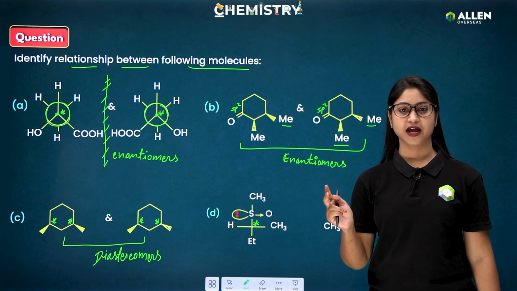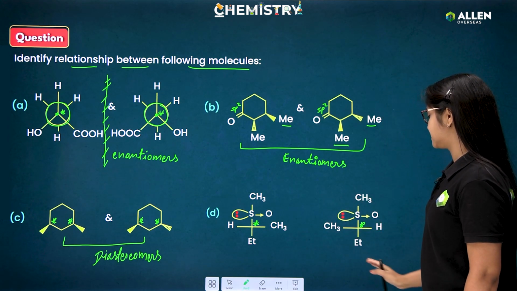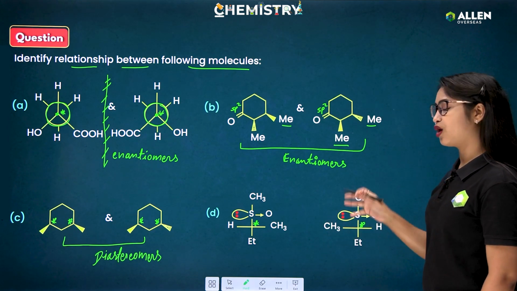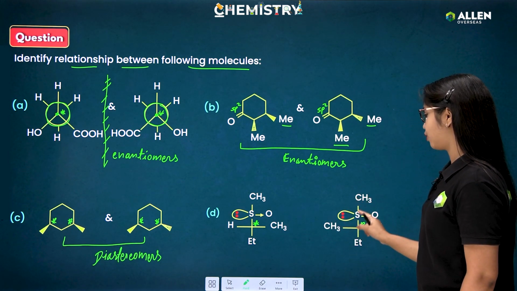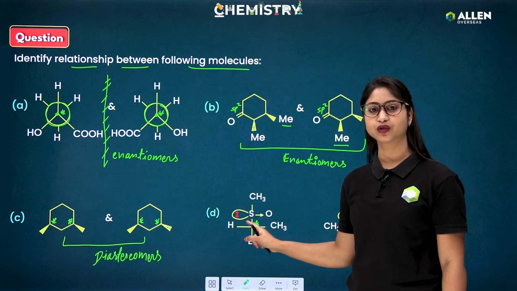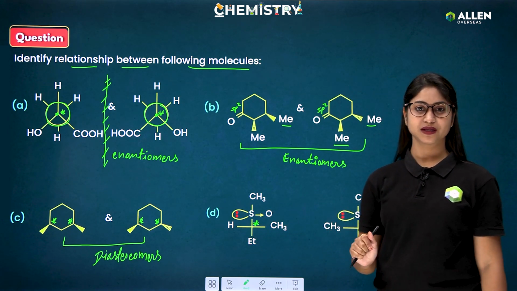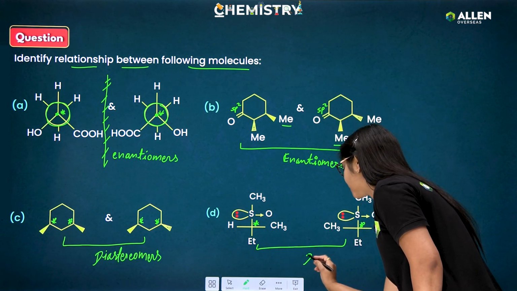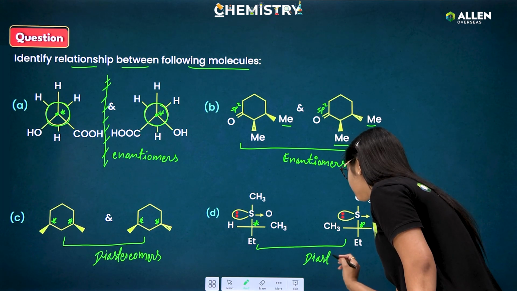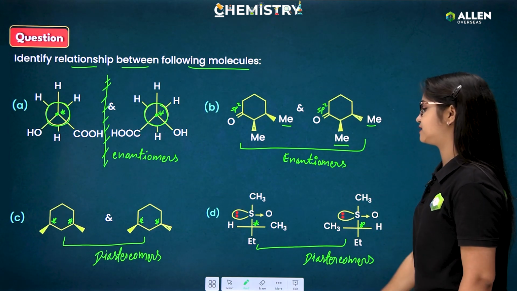Only the methyl and hydrogen, their positions have been reversed, and that's why you will see that these are also not mirror images of each other, because the orientation of the groups and lone pair around the sulfur is exactly the same. So these are not mirror images of each other. So that's why these are also diastereomers.